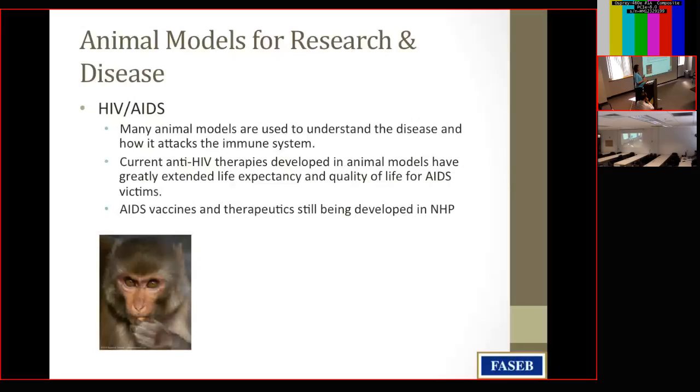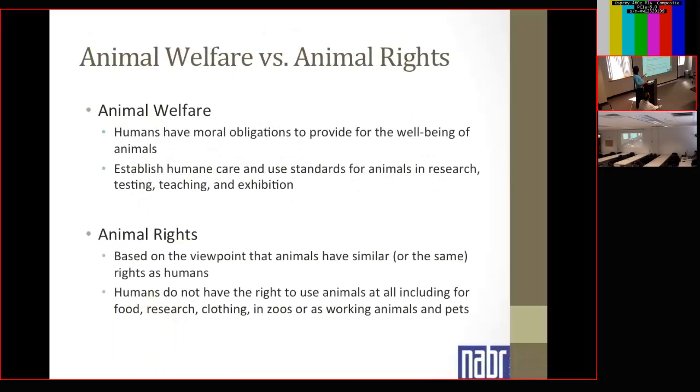So next we'll talk about the difference between animal welfare and animal rights. Animal welfare is based on the concept that humans have a moral obligation to provide for the well-being of animals. Because we use animals for food, companionship, research, entertainment, we have to make sure that those animals that are providing for us are treated humanely. This is different from the concept of animal rights, which is the viewpoint that animals have the same rights as human beings.